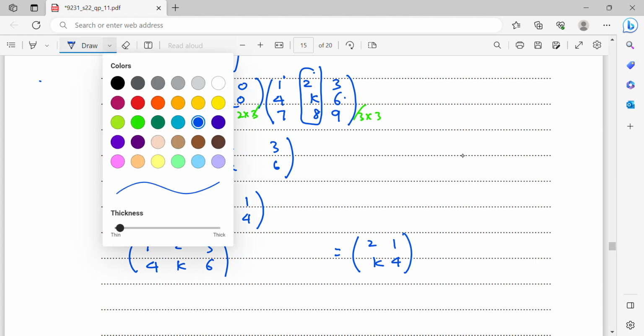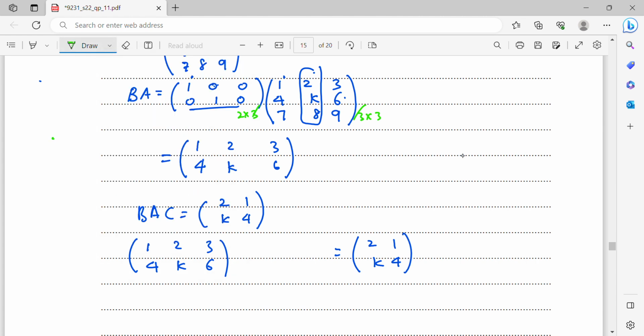Just for information, for BA, the dimension is 2 by 3. Then the answer here is 2 by 2. So I need to get 2 by 2 for the final answer, which means I must eliminate the 3. So C is going to be 3 by 2, so that the 3 can be cancelled off. So let's say here is 3 rows, 2 columns.